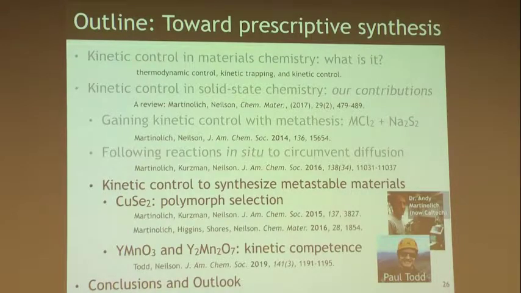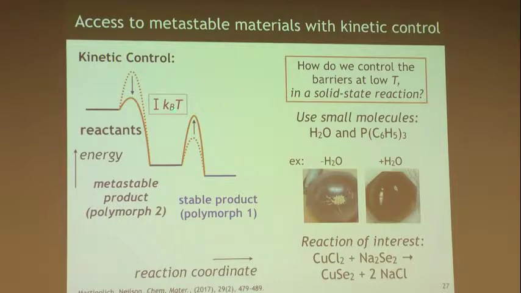So what can we do with that? We can think about making metastable materials, and here's our perspective. We're trying to think about kinetic control, where we're decreasing one barrier for a selective step. Can we do this with small molecules? This is really the area of catalysis. Organic chemists will take organic reactants and add a metal center, which can catalyze a transformation of the organic reactants to organic products.